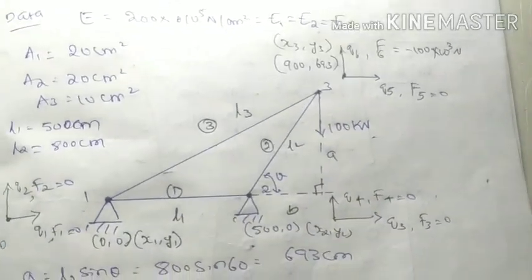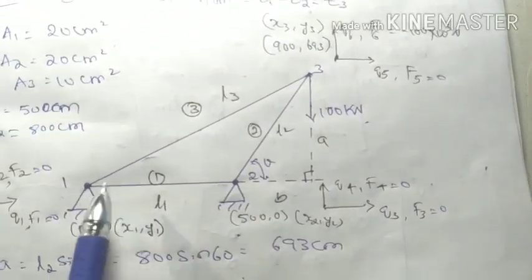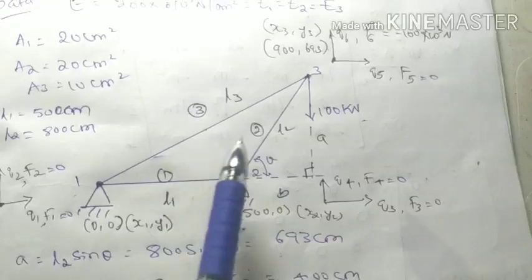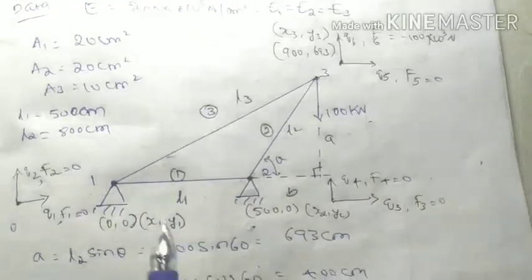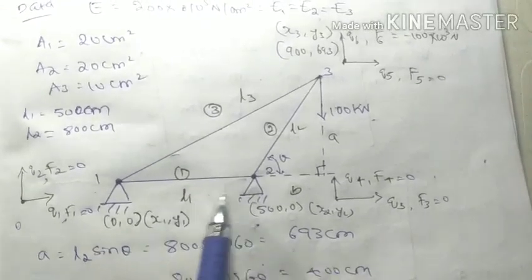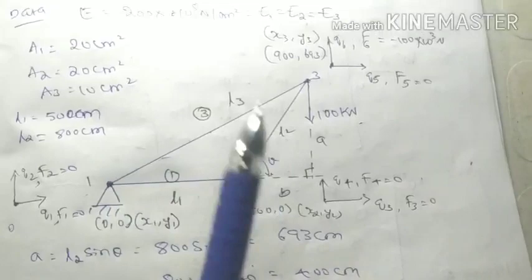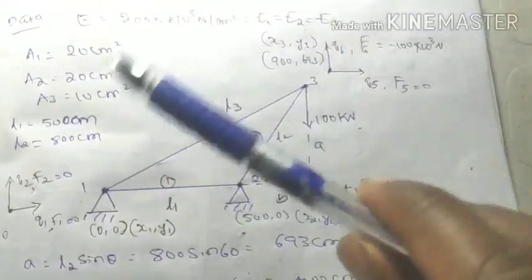Now one more thing to observe here: at node 1 and node 2 they are given as hinged. A hinged support cannot move in the x direction or the y direction, but it can rotate.